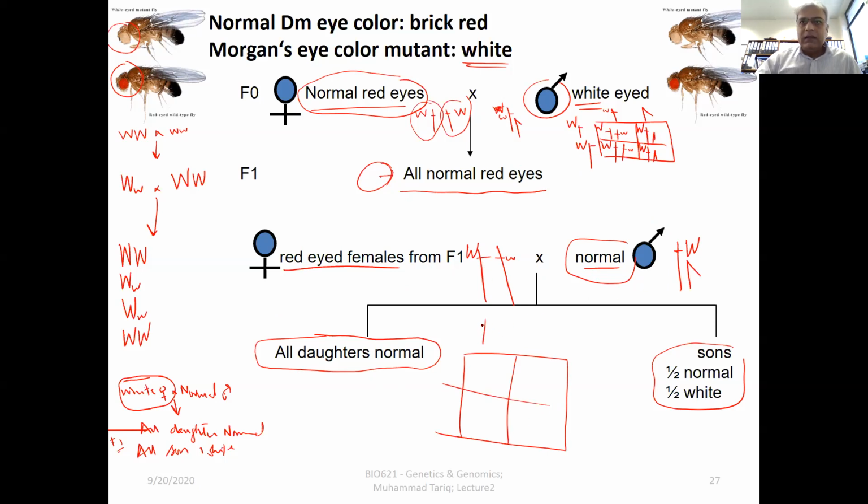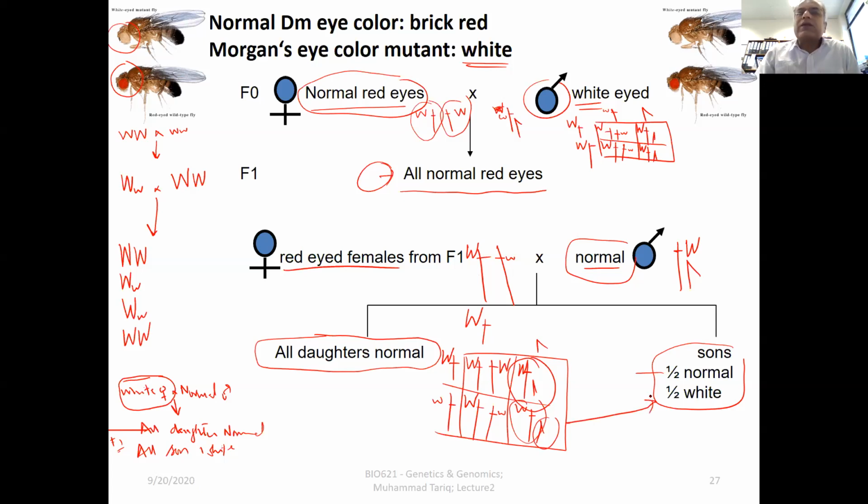Male is normal W, Y, and female gametes are capital W, and the other gamete is small w. So what you have now, capital W, capital W, capital W, small w, capital W, Y, small w, Y. So half sons, capital W, Y, normal, small w, Y, white.